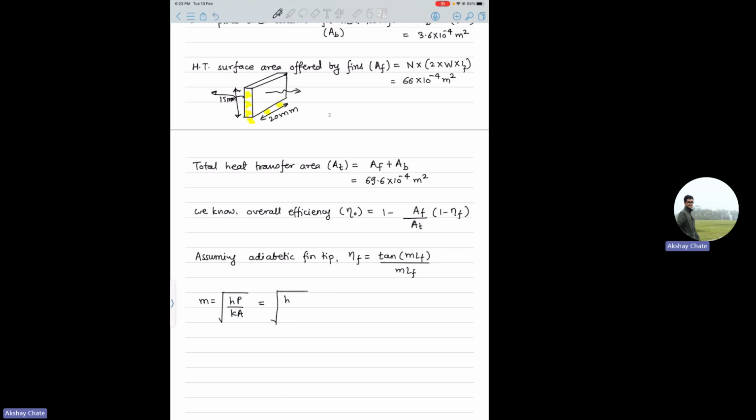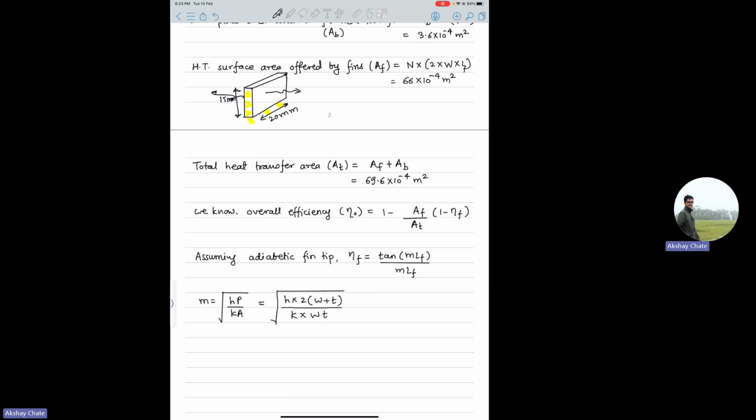So perimeter here is nothing but 2 into the width of the fin plus fin thickness, divided by k into area. Area will be again w into t.